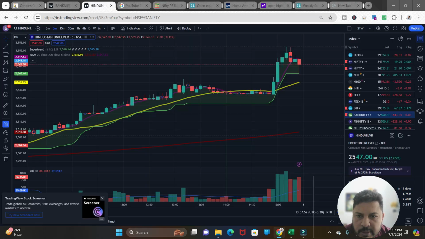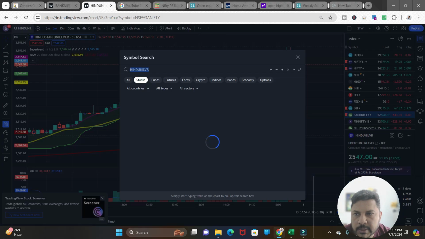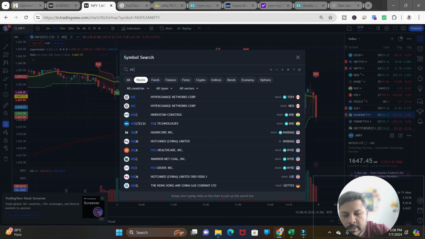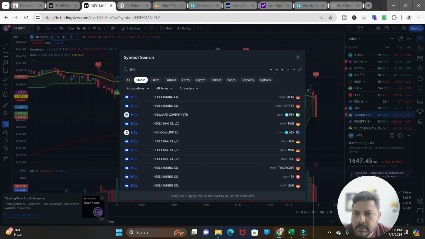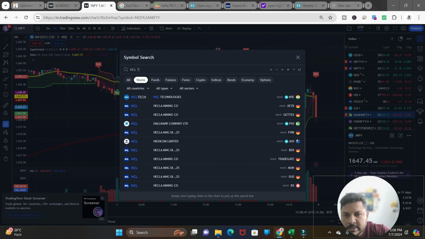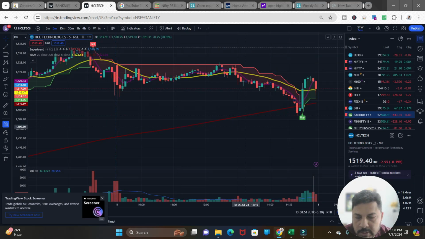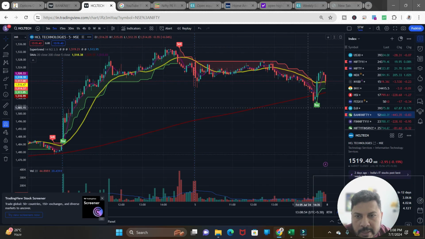So let's check how they appear on the chart. HCL Technologies. So basically you're selecting fundamentally good stocks and looking for a breakout on technical analysis.